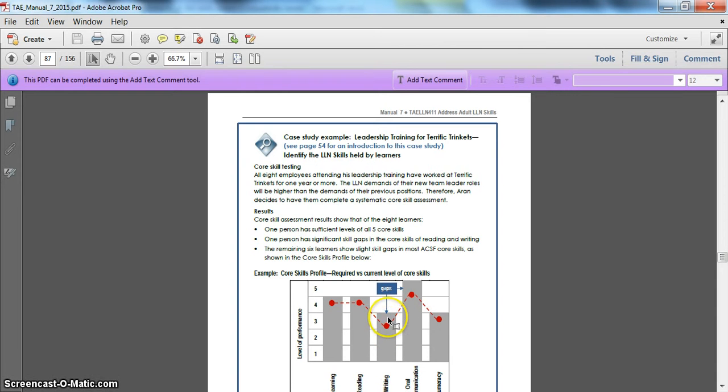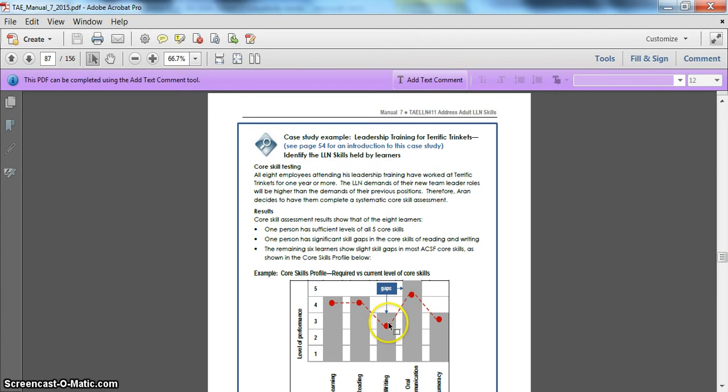In this particular circumstance, the learner is at a level 2 in their writing and the expectation of the unit of competency is a level 3, remembering that the unit of competency's expectation is at the end of the training. So by the end of the training, the learner must demonstrate a writing level of 3.